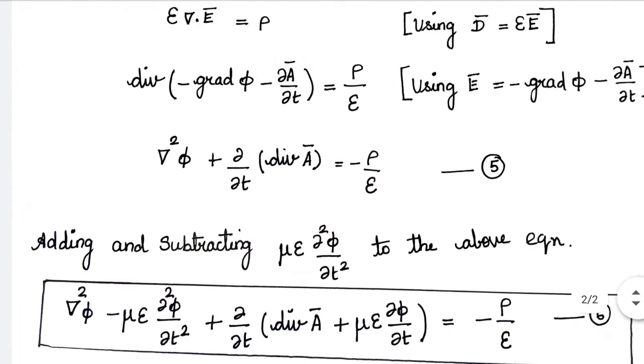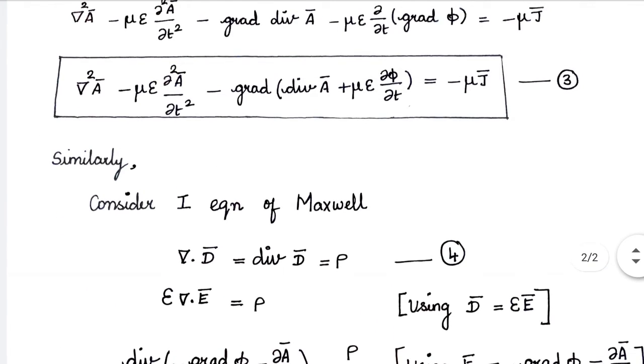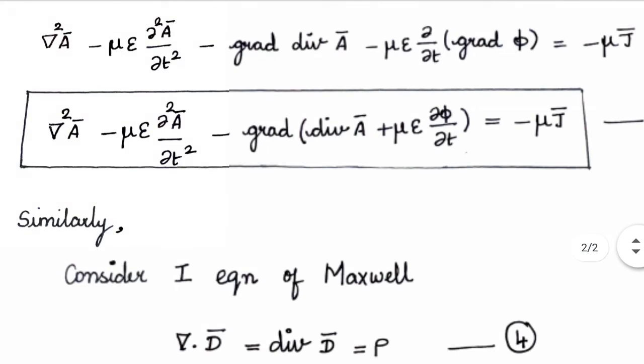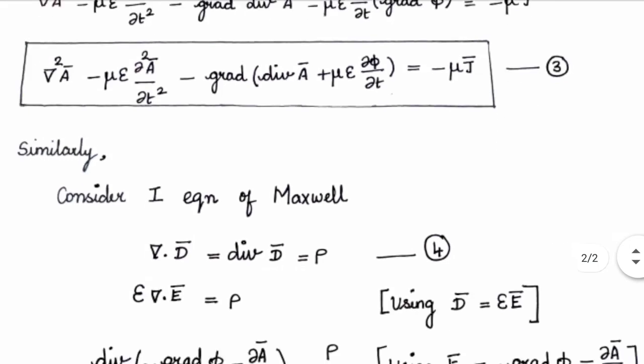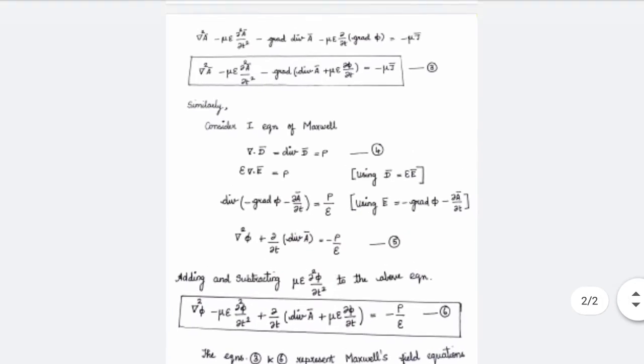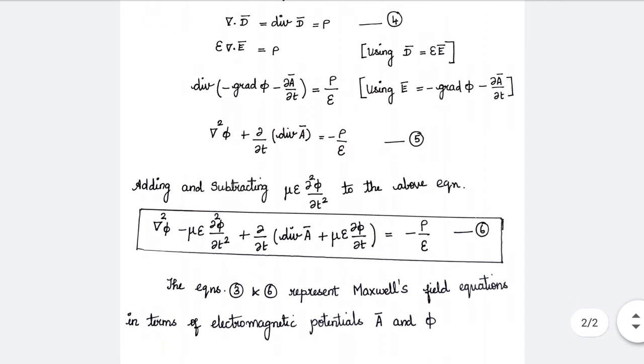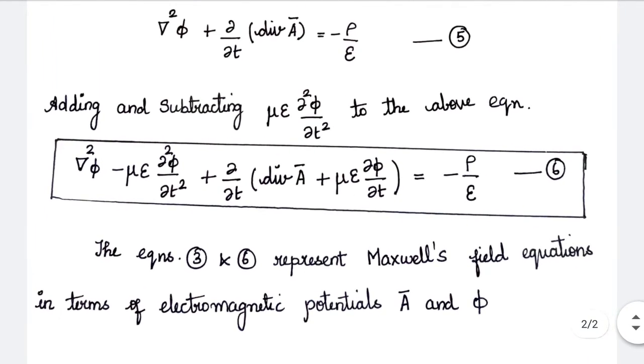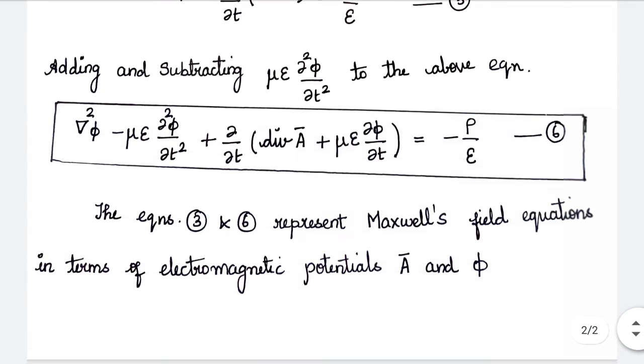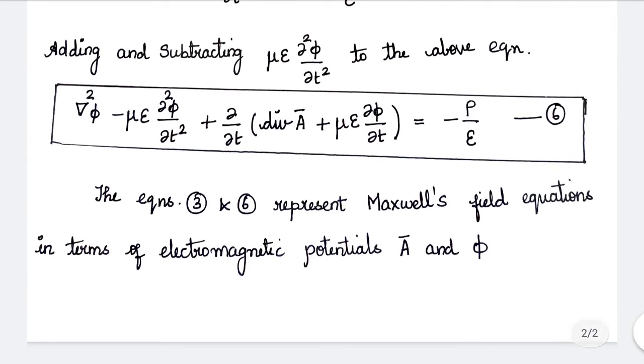So this equation number 3, which is written here in terms of vector potential A, and this equation 6, which is written in terms of the scalar potential phi, represents Maxwell's field equation in terms of electromagnetic potentials, that is the vector potential A and scalar potential phi.